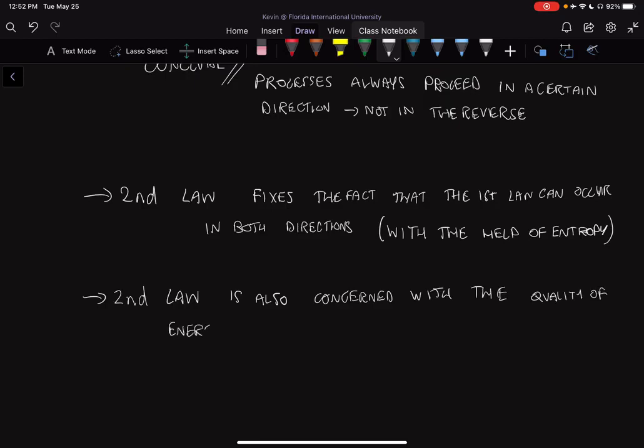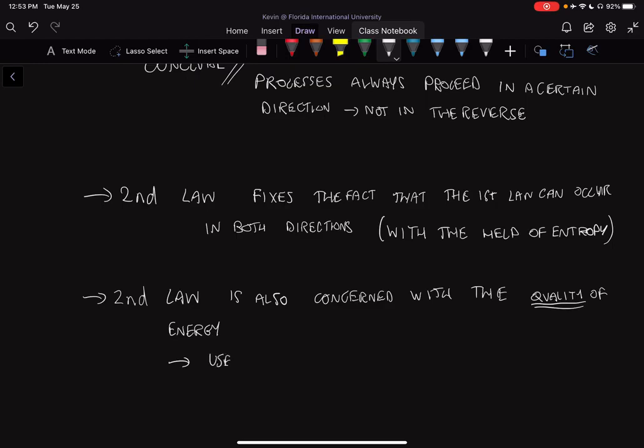And this quality of energy is not the same quality that we have looked at earlier. It's a different definition, okay? Essentially, the quality of the energy itself is a way to determine theoretical limits for performance on systems.